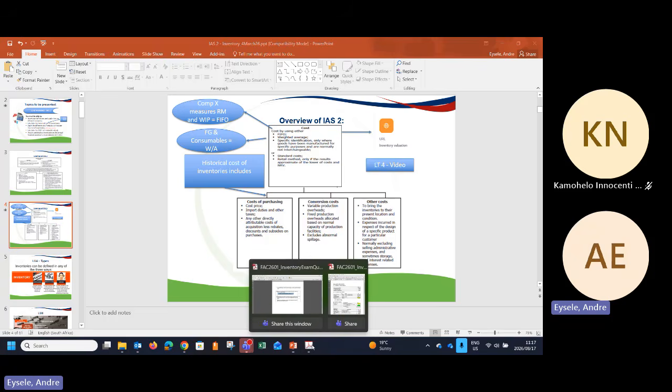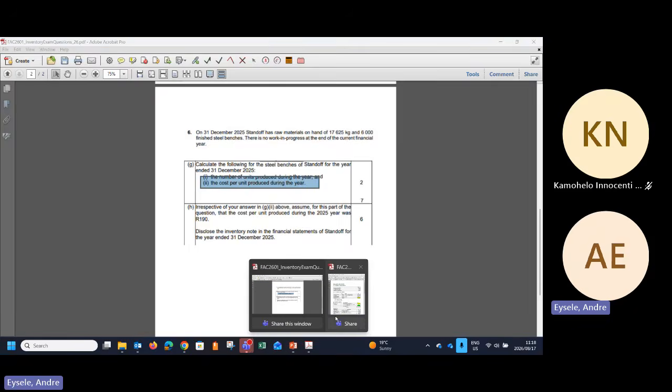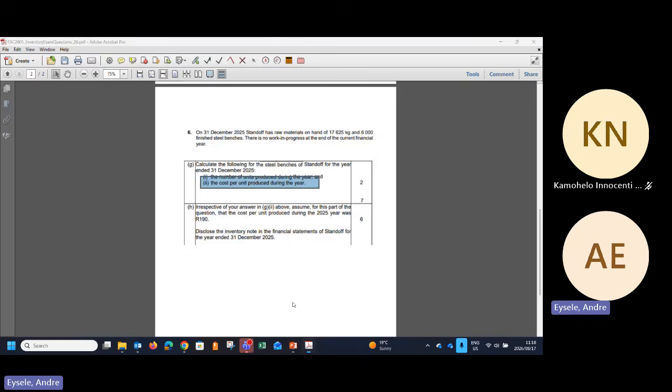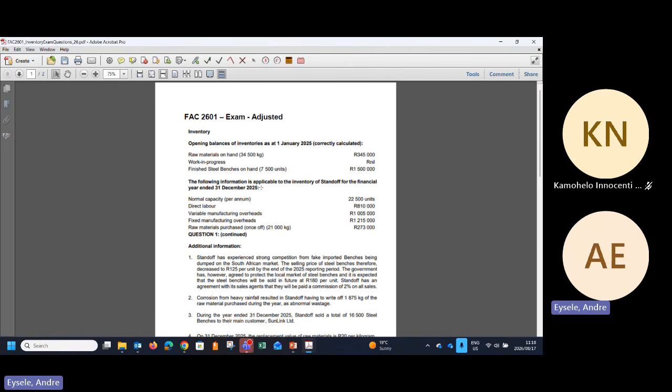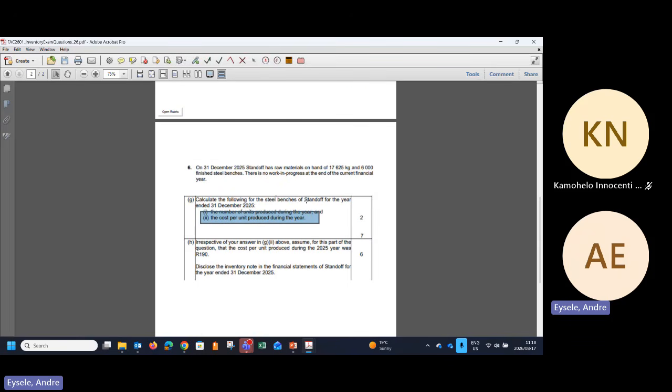Okay, so let's go back to the question. The question asks of us to determine the number of units produced. Now they gave us the opening balances of inventories as at 1st of January 2025. Your year starts on the 1st of January 2025 and ends at the end of December, so that is your full financial year.